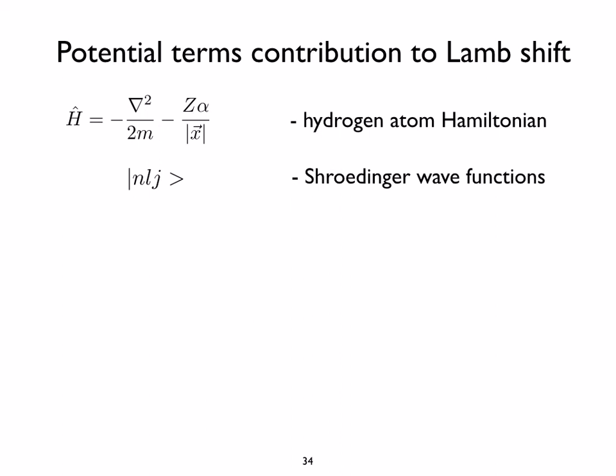The contribution to the Lamb shift from the soft photons has the following terms. First of all, it's the kinetic energy corrections of order p to the fourth.